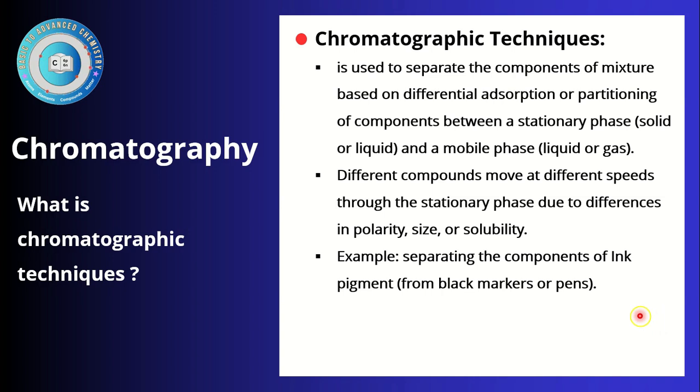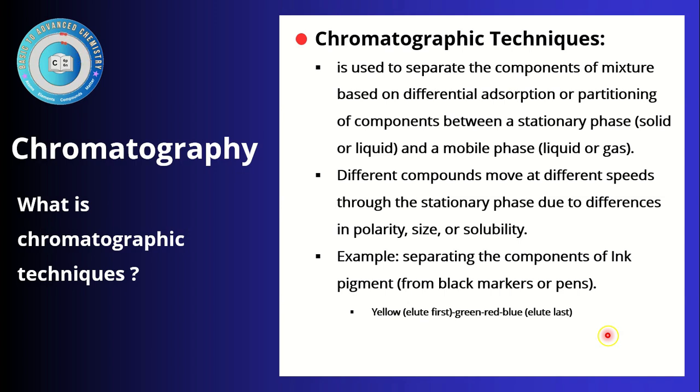This ink has different colors: yellow, green, red, and blue. By chromatographic techniques, the yellow is eluted first and the blue is eluted last. Let us see this by using a visual representation of one example of chromatographic techniques.